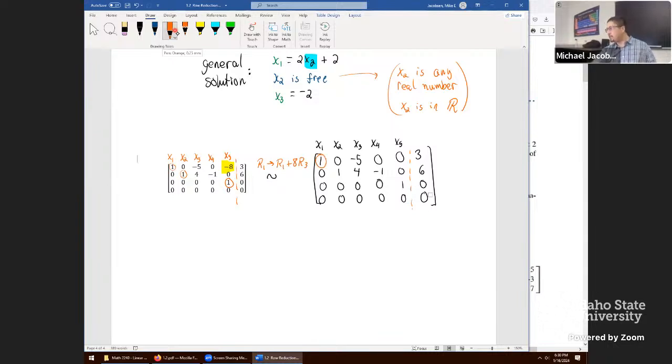So we have a basic variable here, here, and then all the way over here at x5. I think we're using green for those. Let's color code those. So pivot columns are columns 1, 2, 5, and that means basic variables are x1, x2, x5. The ones that are free are these ones that do not correspond to any pivot whatsoever.